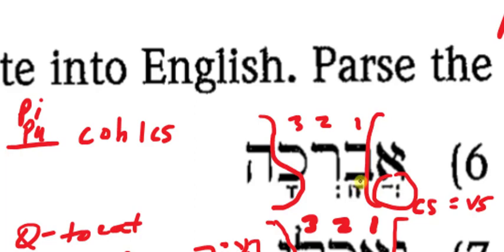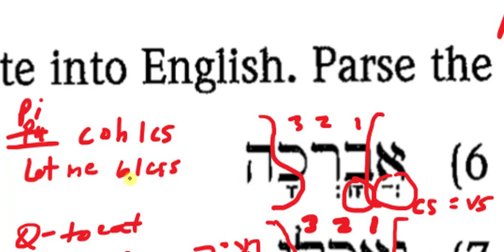Which one of those stems gets an A-class vowel under root 1? The piel does. So this is a piel cohortative 1CS. Barach in the piel means to bless. So how would I translate this? Let me bless. Or may I bless. So you see how that works? Okay.